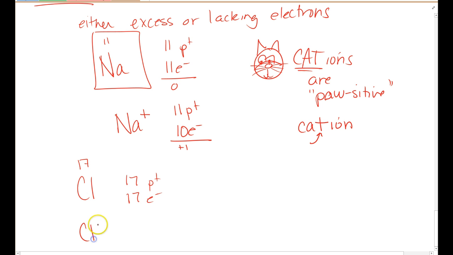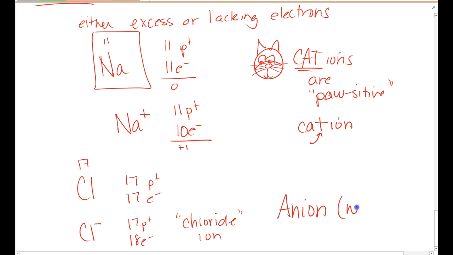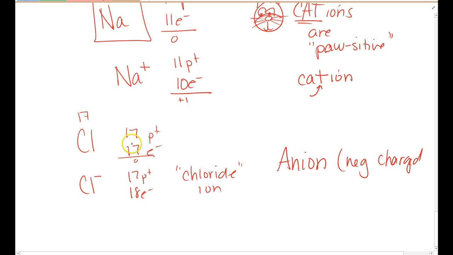But when we have chloride ion, we have 17 protons and 18 electrons, and that's called chloride ion. And it is called an anion because it is negatively charged. The difference between 17 and 17 is 0. This is a -1 difference, so it's called an anion, negatively charged.